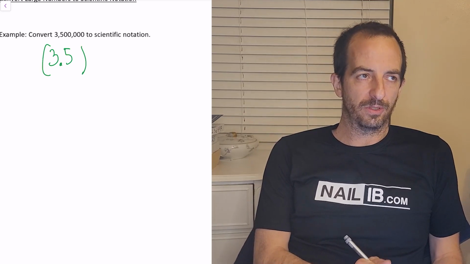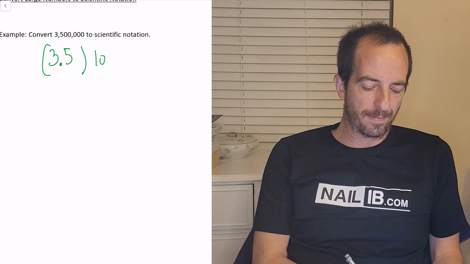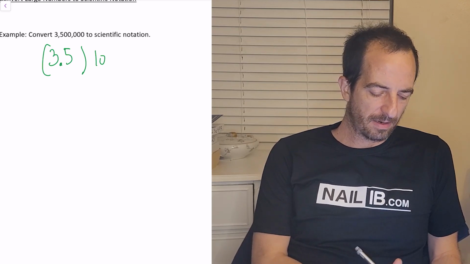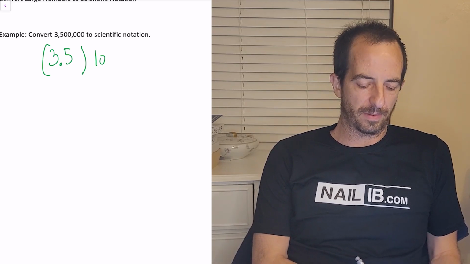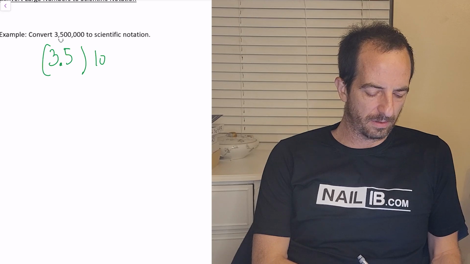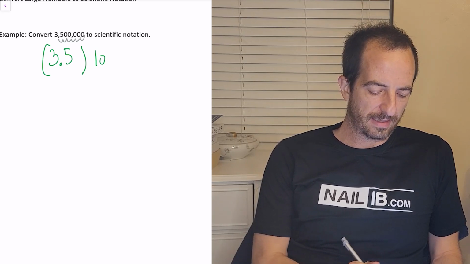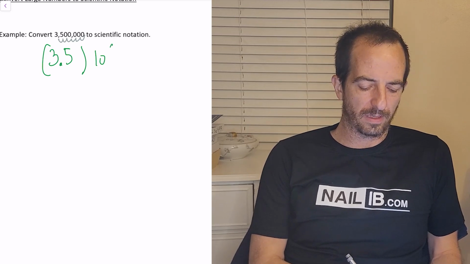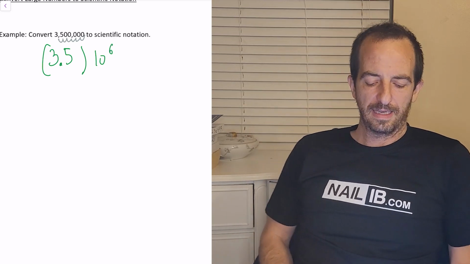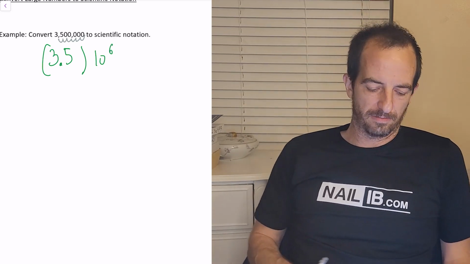Then, to make it equal to what we see up there, we multiply it by a power of 10, and that power of 10 is the number of places the decimal moves from 3,500,000. 1, 2, 3, 4, 5, 6. So I moved that decimal point 6 times. This would be written as 3.5 times 10 to the 6th.